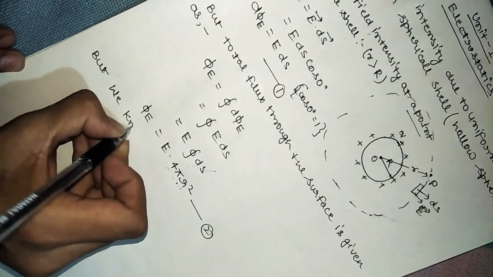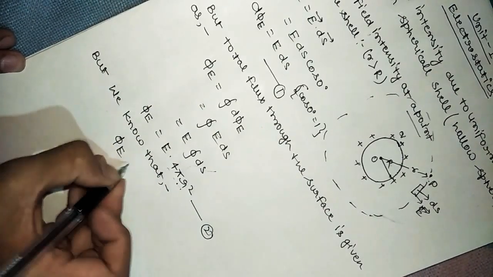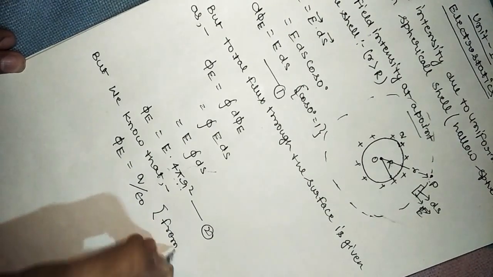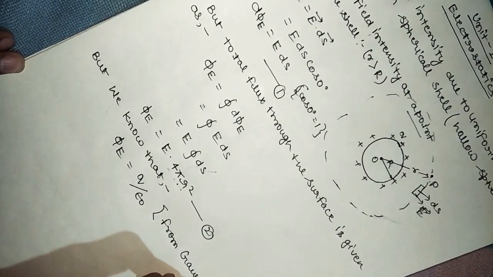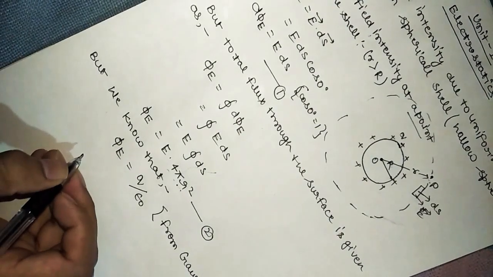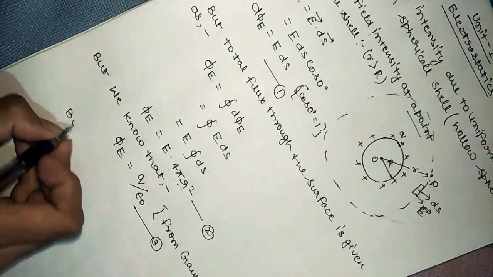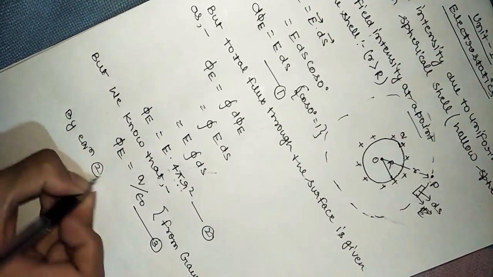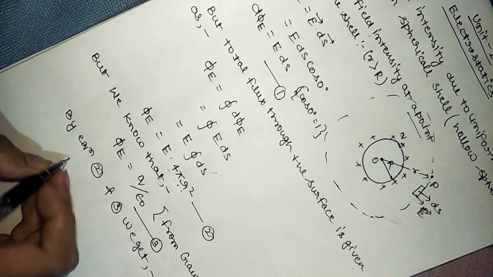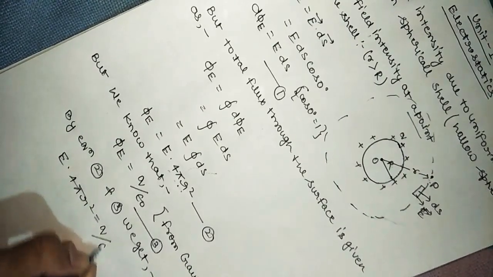But we know that phi E is equal to Q upon epsilon naught from Gauss theorem. By equations 2 and 3, we get E dot 4 pi r square equal to Q upon epsilon naught.